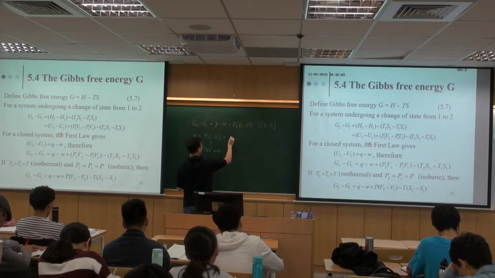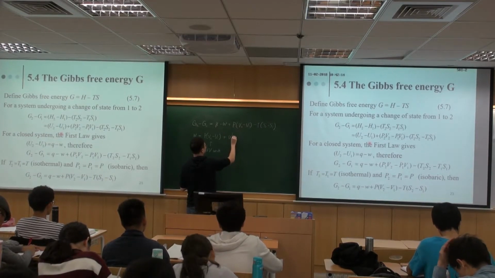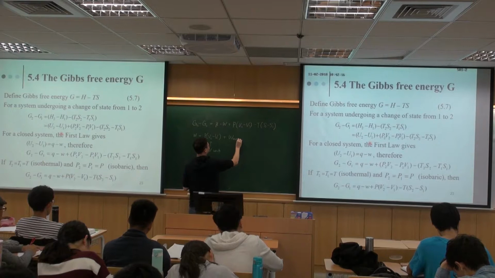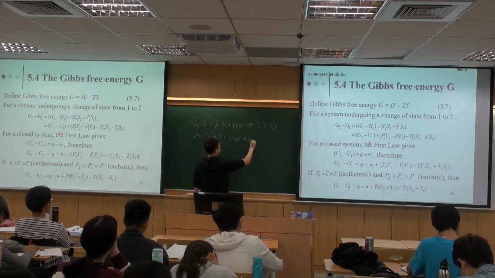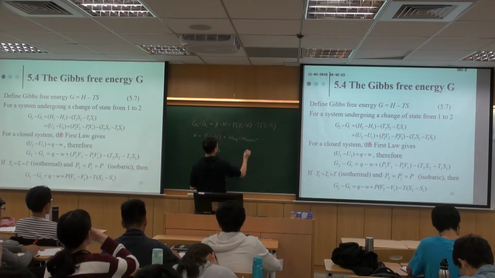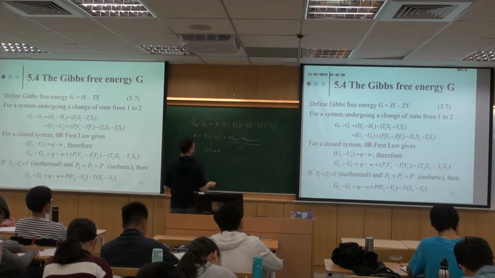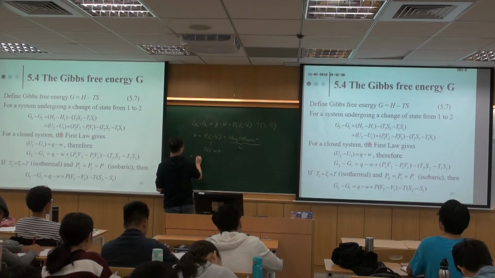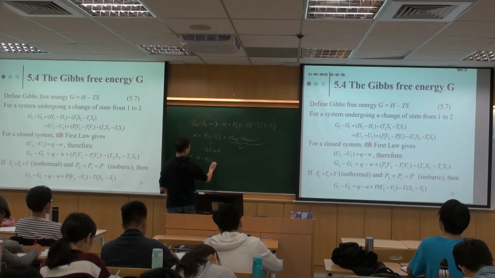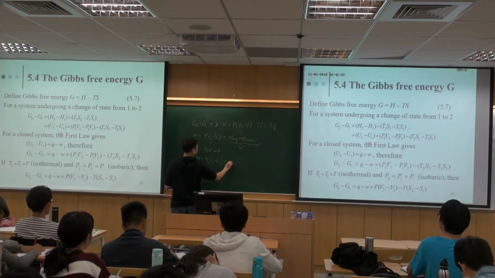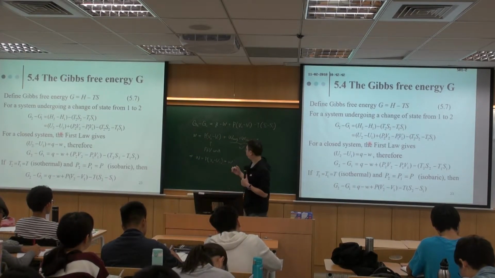For instance, if you have magnetic or chemical work, we call this W prime. Therefore, the work is just this P dV work plus any other kinds of work that can be found in the system.